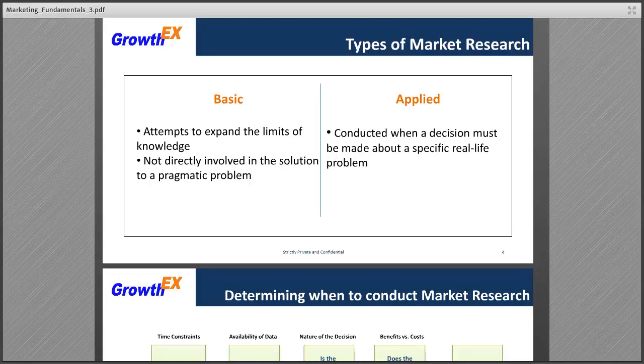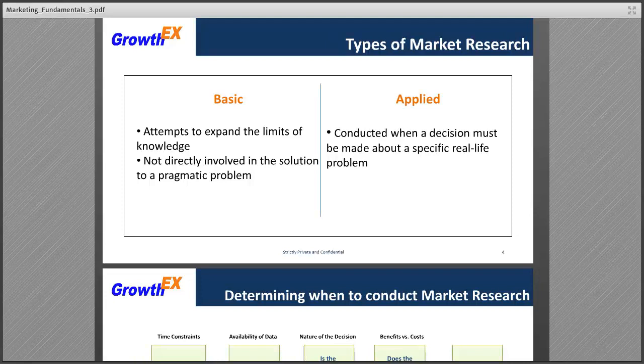Or another example could be: should HUL launch a high-priced bleaching kit in its product line? These are very specific, quantitatively data-oriented problems which need a very data-driven answer to arrive at a conclusion.